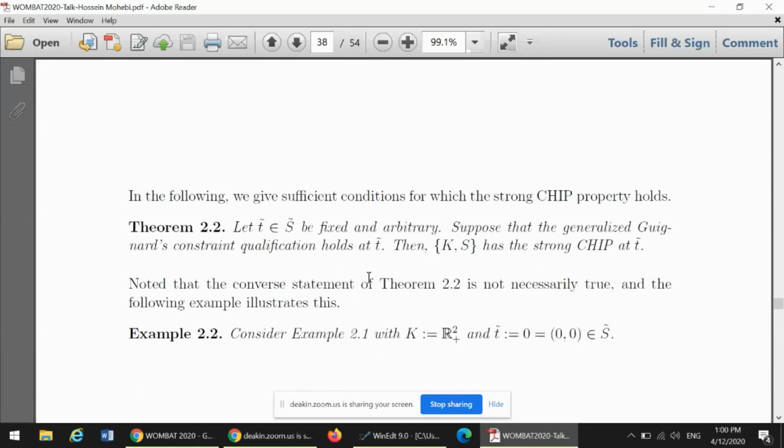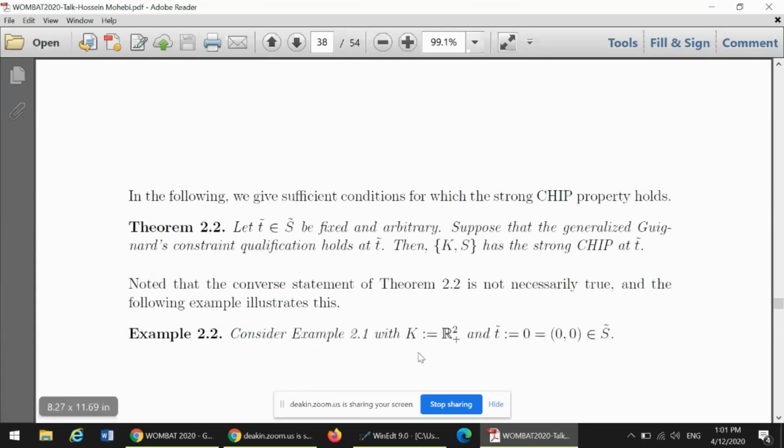So we give a sufficient condition for which a strong CHIP property holds. Suppose that the generalized Slater constraint qualification holds at a point T tilde. Then K and S has a strong CHIP at T tilde. In fact, the converse of this theorem does not hold.